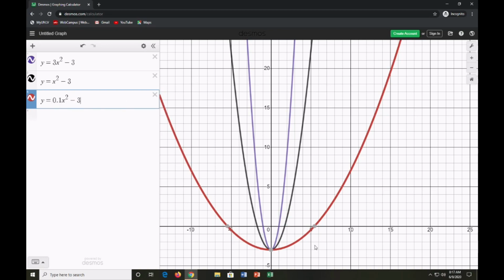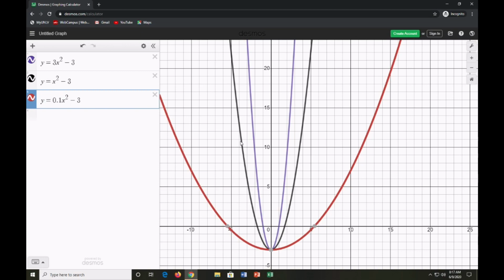You have this red curve that flattens out more than the versions where you have a coefficient higher than 1, which is that 3, the purple one. Compare the purple curve with the red one, right? The black curve is the original, where the quadratic term has just a positive 1 coefficient. It's not less than 1, and it's not larger than 1.